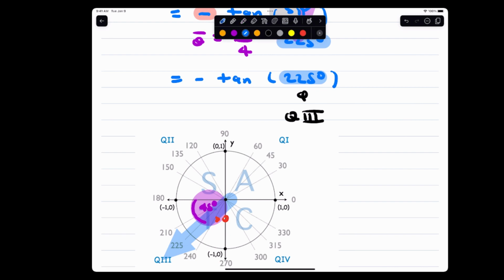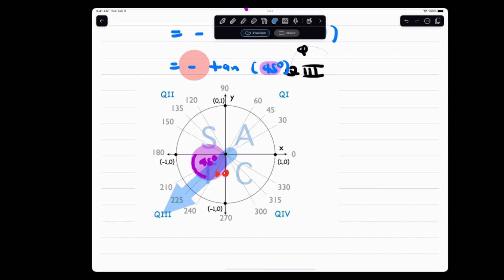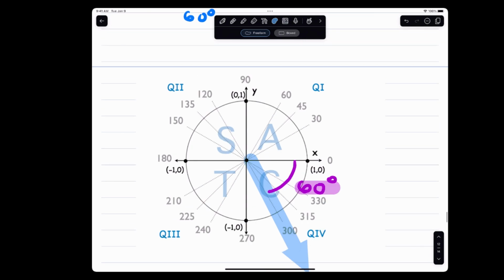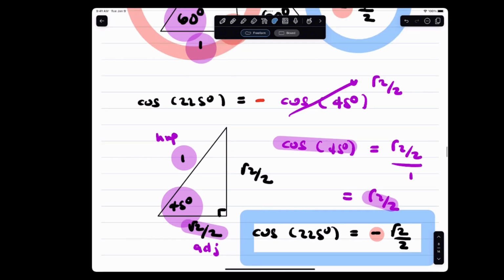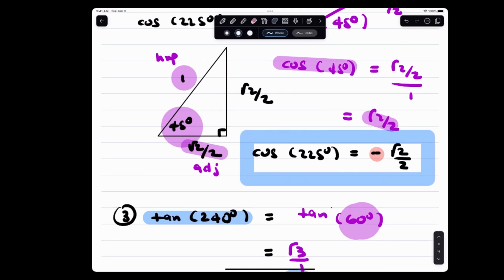Okay. So I'm going to write down the details. This is minus tangent now of, since the reference angle is 45 degrees, this is what it comes down to. And yes, that original negative sign was out there. So if we can find tangent of 45, we got to go to this special triangle. What's the special triangle tell us for 45 degrees? Tangent is going to be what again?